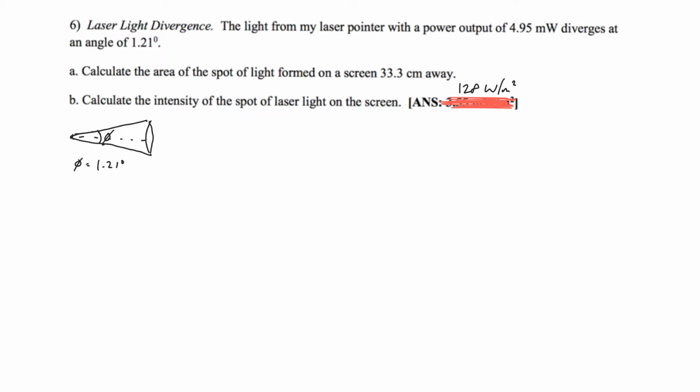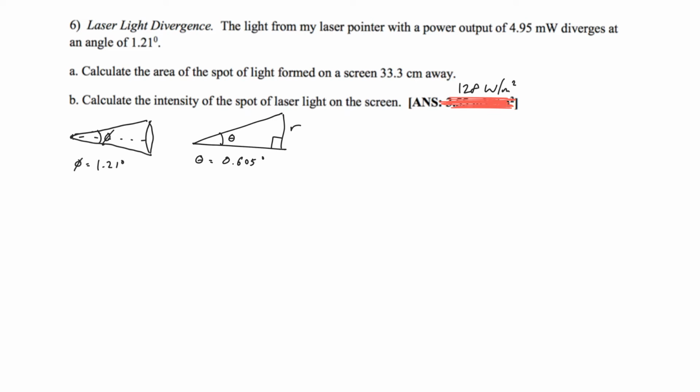And if we take this one triangle of this picture, we can redraw it. So let's call that angle theta, and theta is going to be half of phi. So theta equals 0.605 degrees.